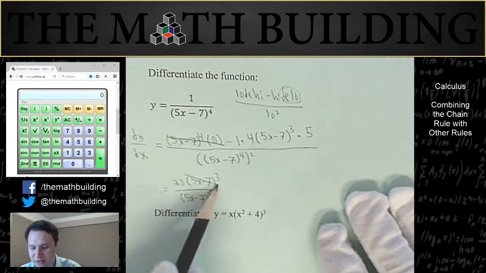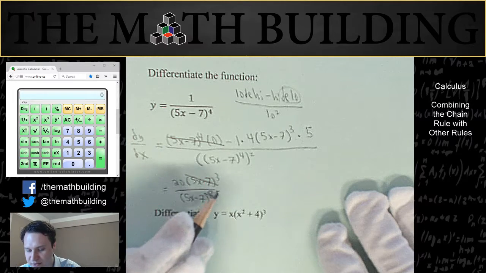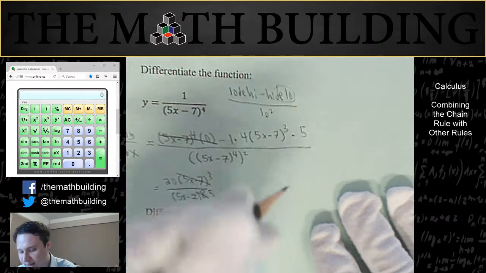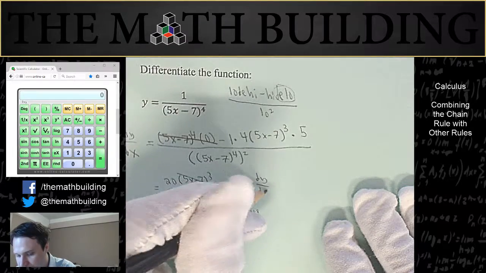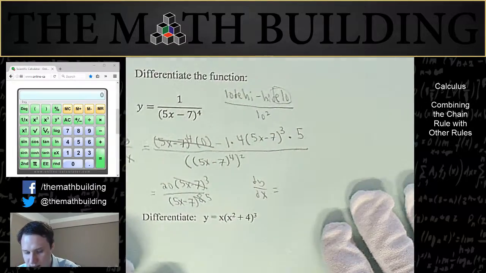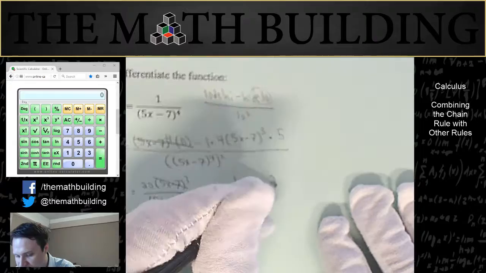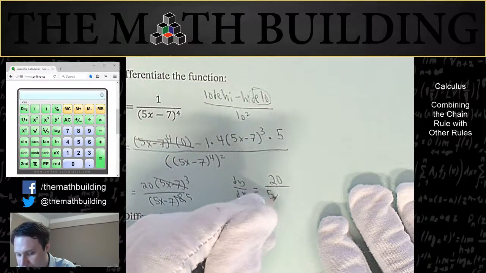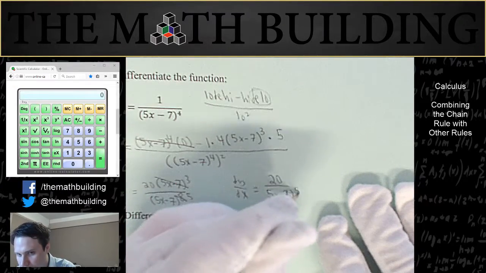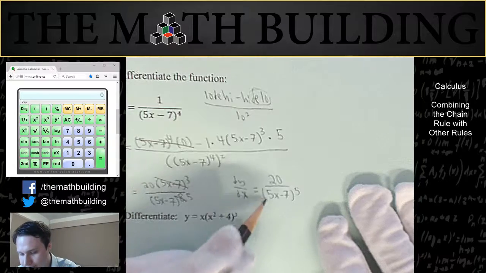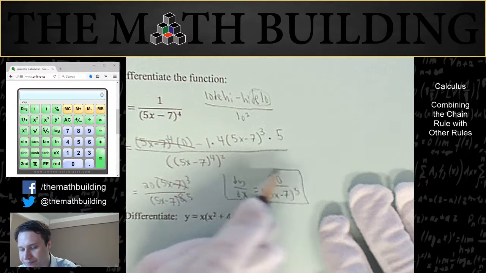And that simplifies. 3 of those are going to cancel, so that becomes a 5. So the final answer is dy dx is equal to 20 over 5x minus 7 to the 5th power. And there you go.